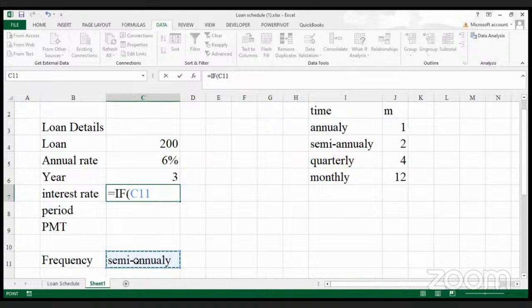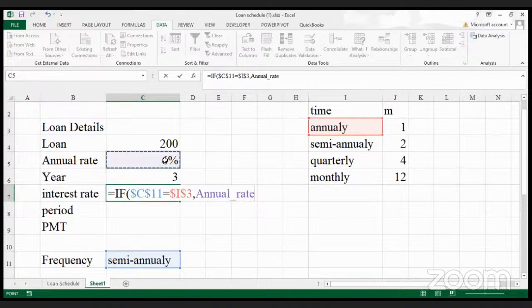if that frequency key is equal to this name here, fully locked, comma, then we will take our interest rate and divide it by annually.